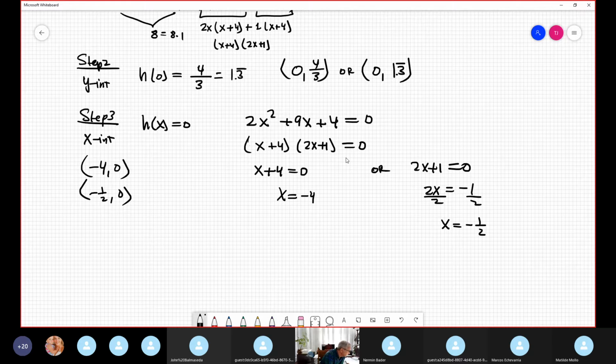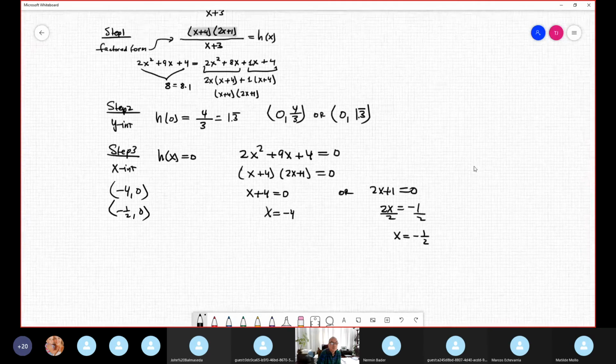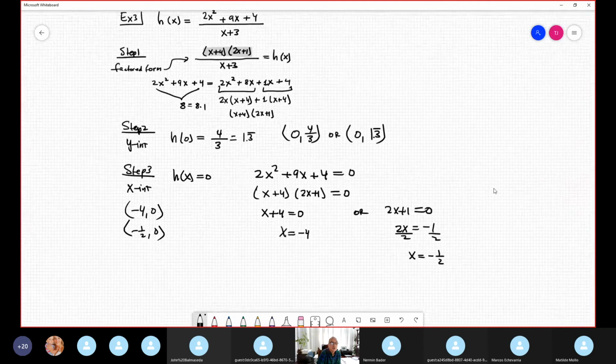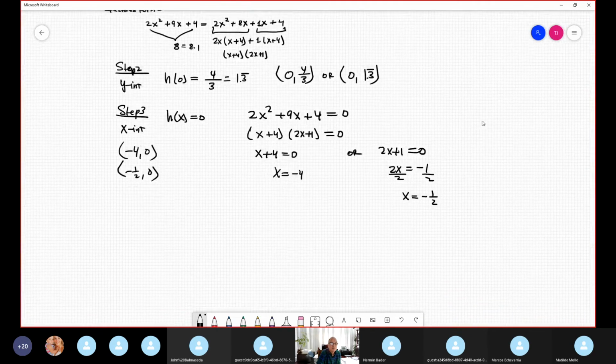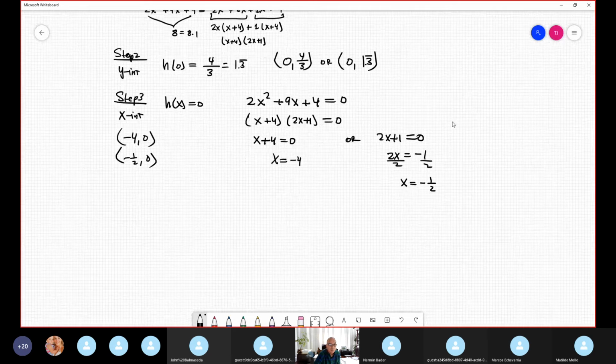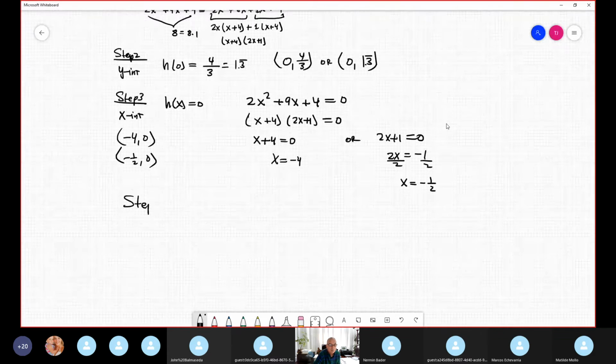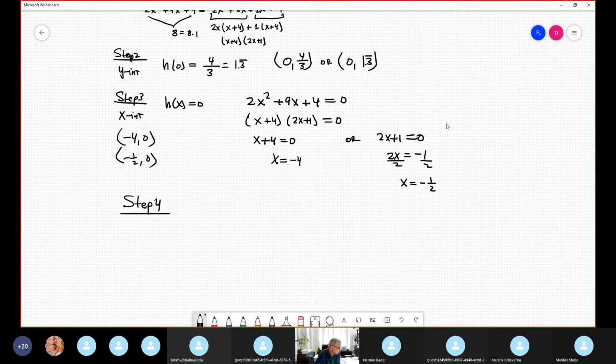Any question? Any question so far? No problem. What is the step 4? What is the step 4?